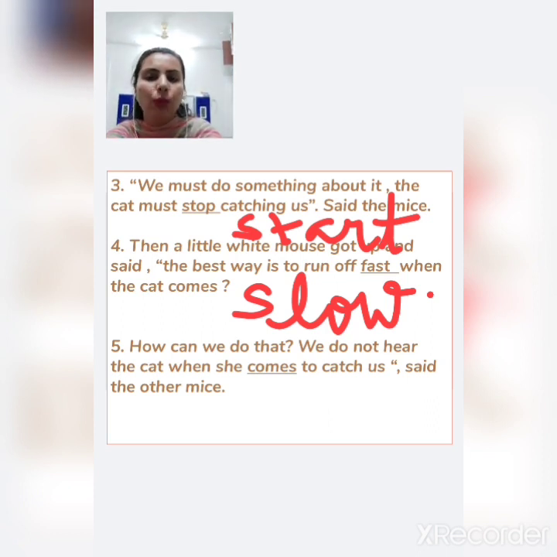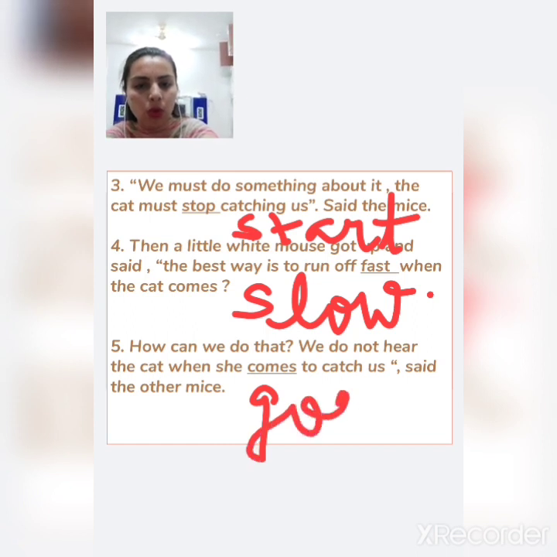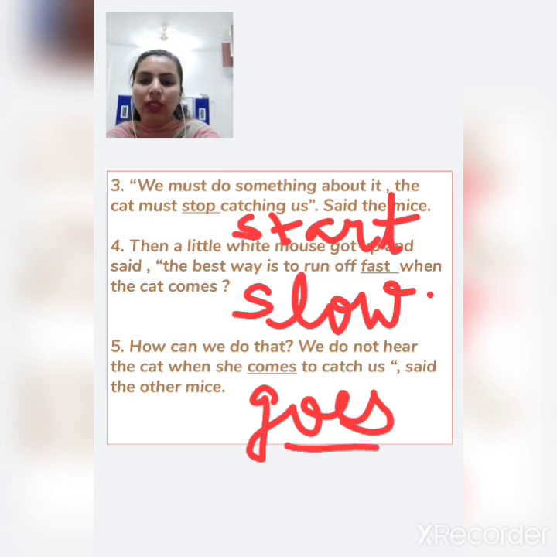So the underlined word here is comes, and the opposite of comes is G O E S, goes. What is the opposite word of comes? Goes.